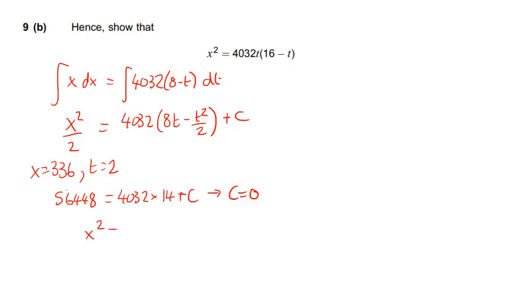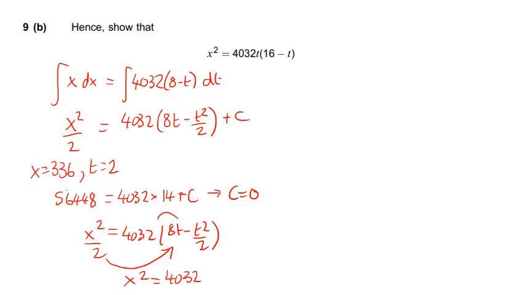So in other words, I've got x squared over 2 is equal to 4032, 8t minus t squared over 2. And if I just move the 2 across and bring it inside the bracket, I've got x squared is equal to 4032. Oh, and take one of these t's outside as a factor. 16 minus t, which is what I'm after.